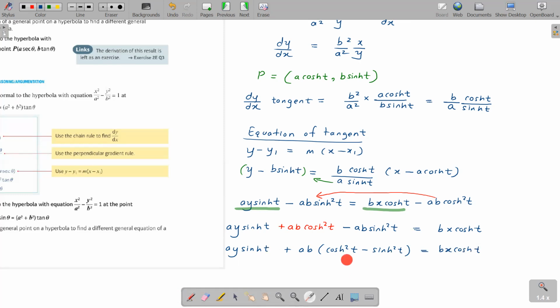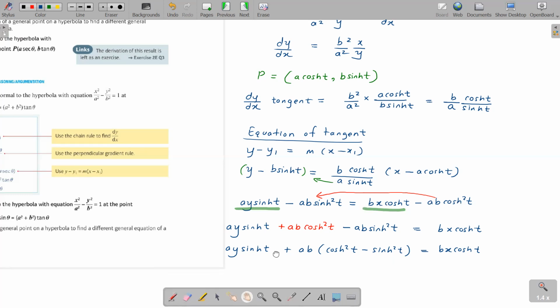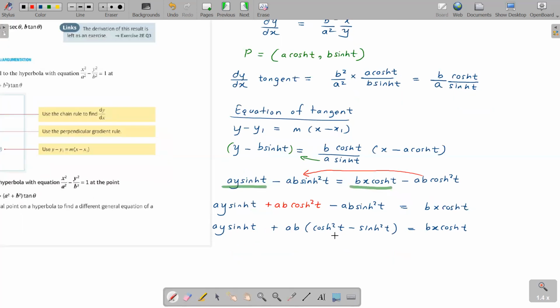So cos square minus sin square, in the first lesson we learned, is 1. This is the hyperbolic identity, right? So then ay sin t plus ab equals bx cos t, which is the show that.